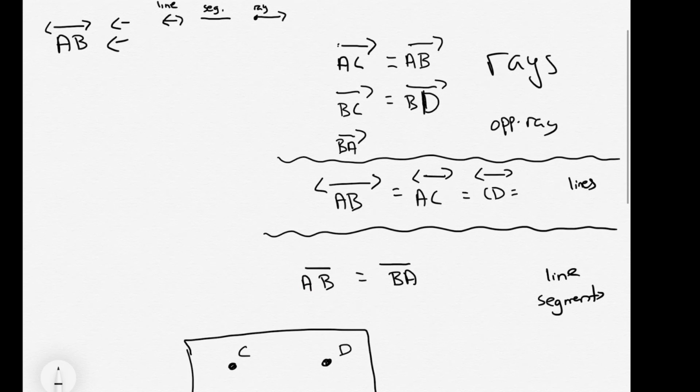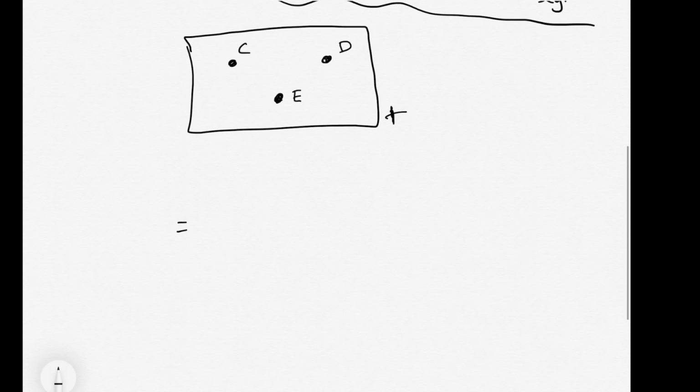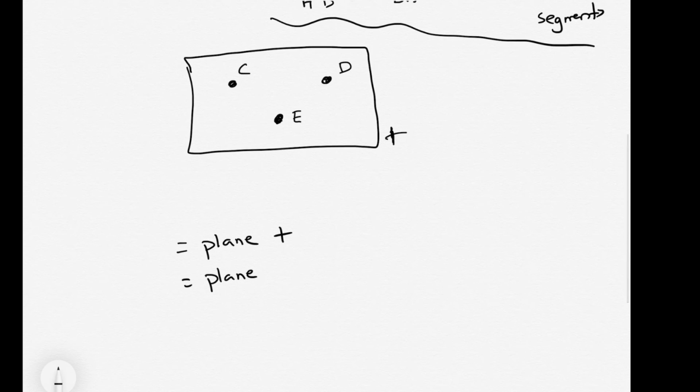And the last thing I want to talk about is planes. So this is how a plane would look. Now, a plane is a little different in the naming convention because you start by writing plane. So this little letter here is the name of a plane. So we could call it plane T. Or we could also call it plane, and then a plane, remember, is any 3 points that are not on the same line.